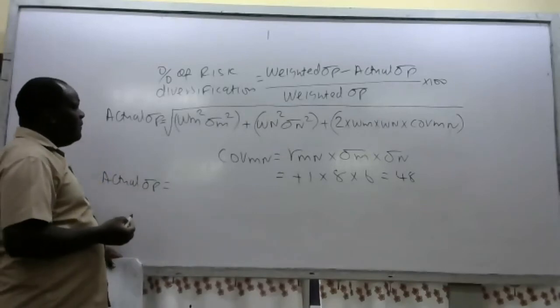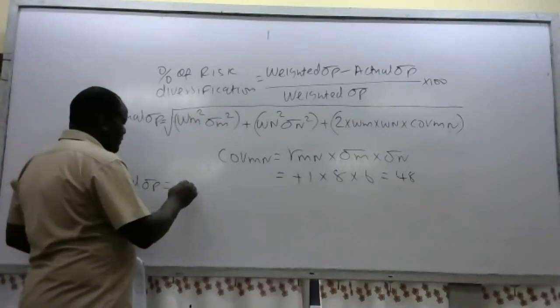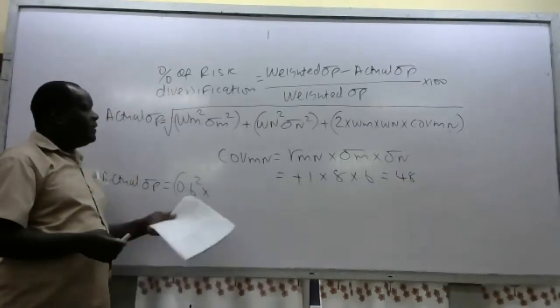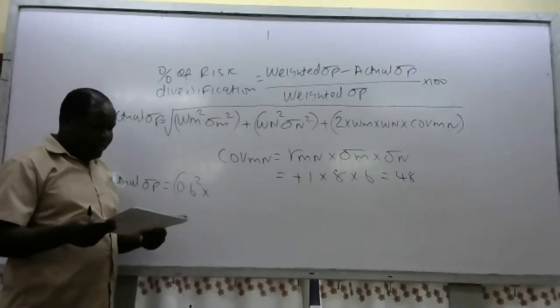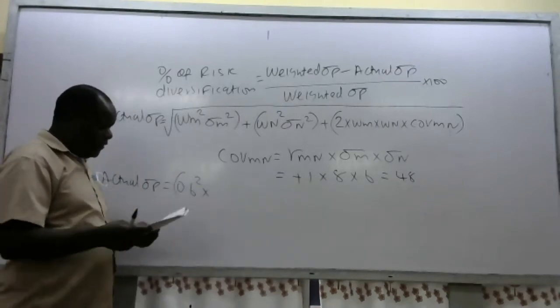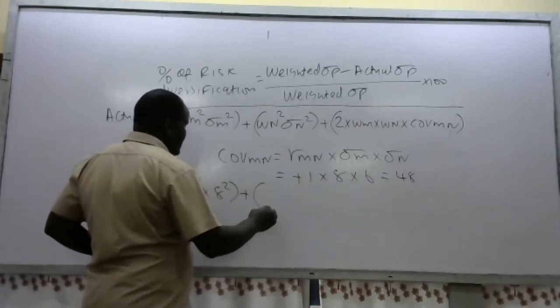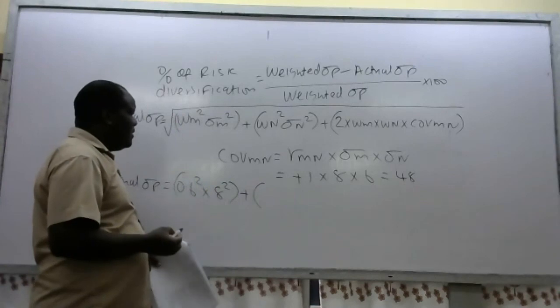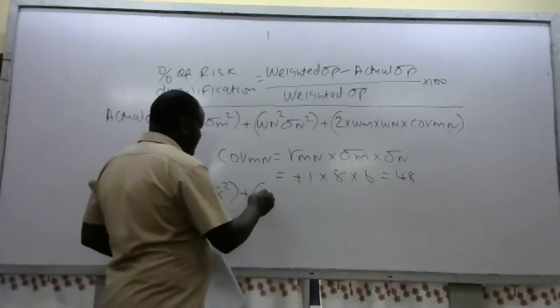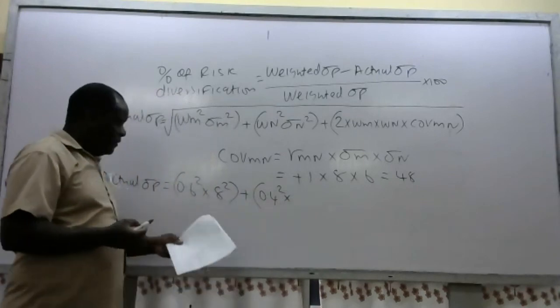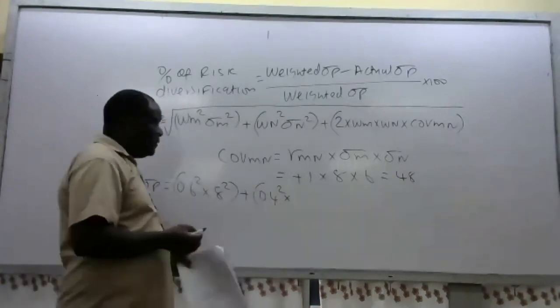So the weight for M, remember it was 0.6, you square. Then the variance for M, the question has given the standard deviation of 8, we also square that figure. Then we also add the weight for N, 0.4, we square, and also we square the 6.